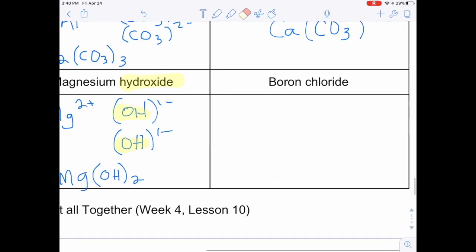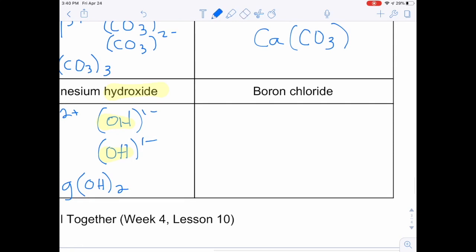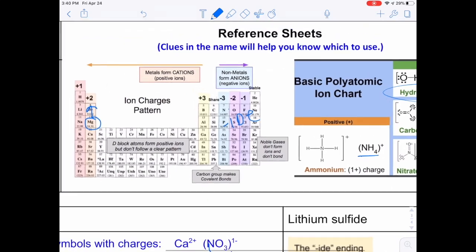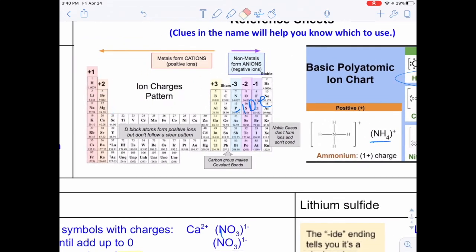That's the formula. Boron chloride. Boron is from the periodic table, that's B. And chloride means this is Cl, it used to be chlorine from the periodic table. So I'm going to go get the charges. B is here, so it's a +3.